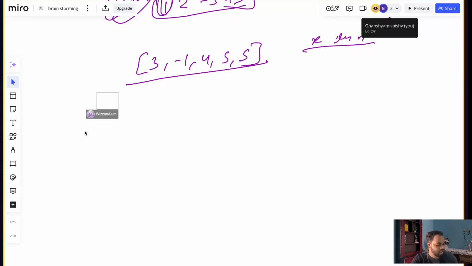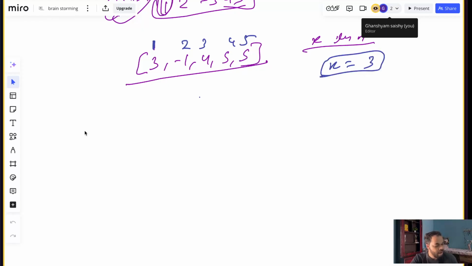We will use the cyclic sort. So in the cyclic sort, what will become the answer for this situation? I'm just writing the indexes 1, 2, 3, 4, 5, right? And suppose k is equal to 3. These are the numbers that we need to figure out.